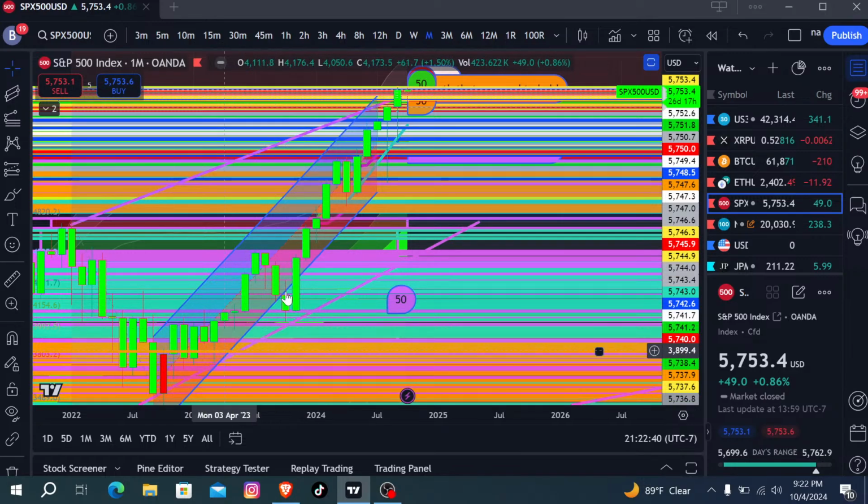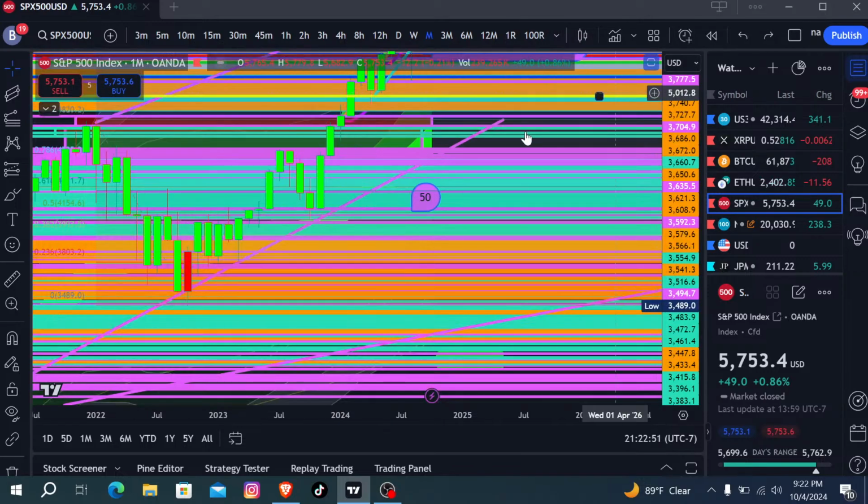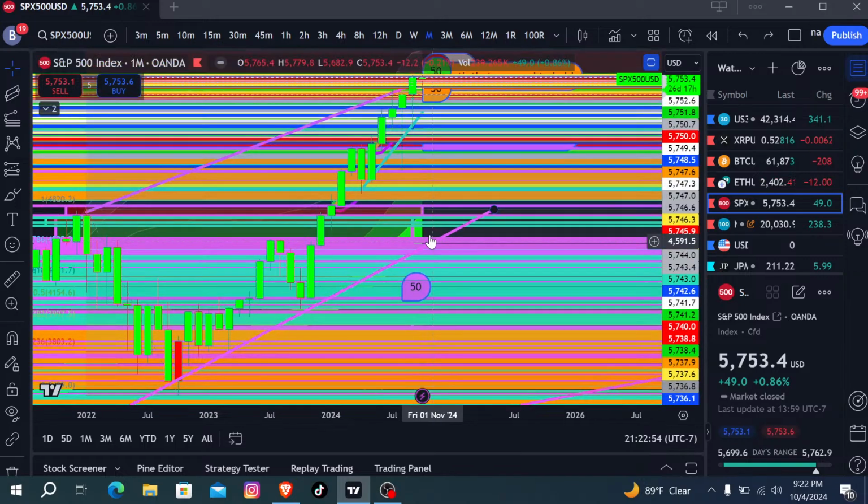So every trend, whether downtrend or uptrend, has both sides: a wall on the top and a wall on the bottom. I'm gonna take this off. And this is the bottom, and this is the top of that upper trend.